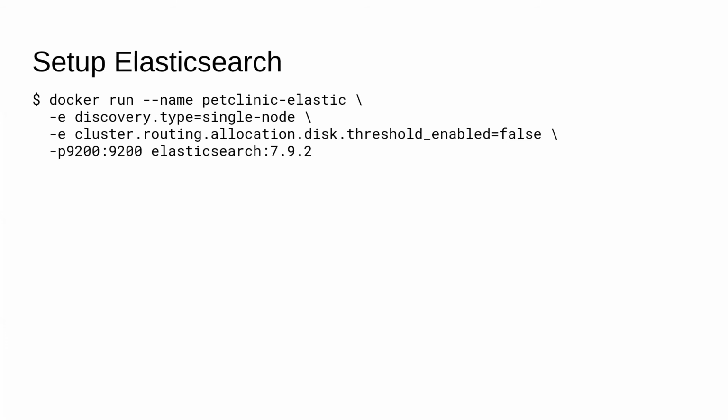And to set up Elasticsearch, we'll also use Docker. We'll start Elasticsearch in single node, that's the first option, the discovery type single node. And the second option is just a tip to everyone who comes across this.